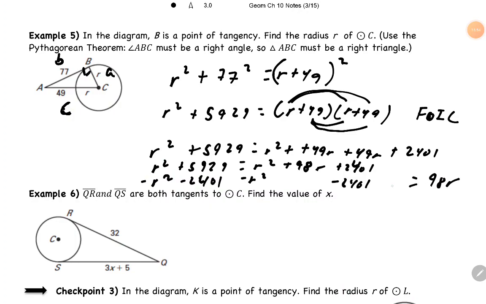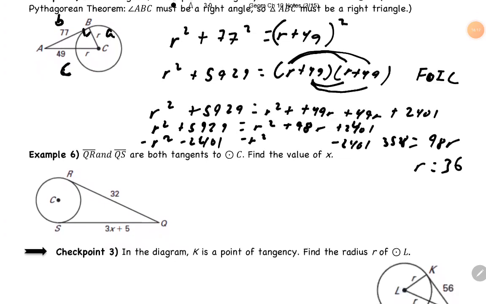On the left, I'm going to get 3,528. So r is equal to, when we divide both sides by 98, 36. So the radius of the circle is 36.